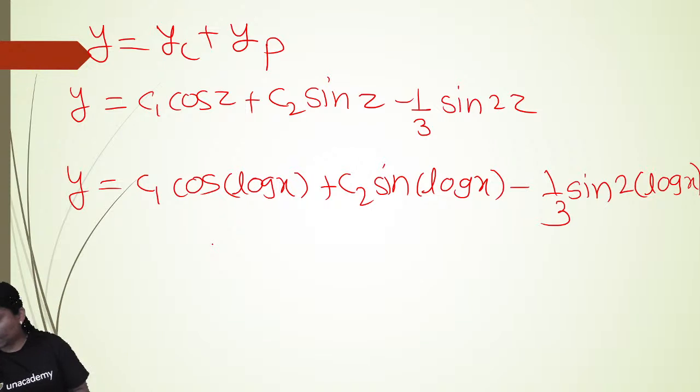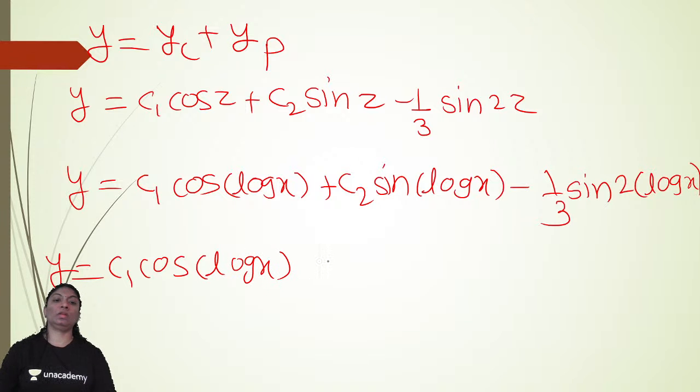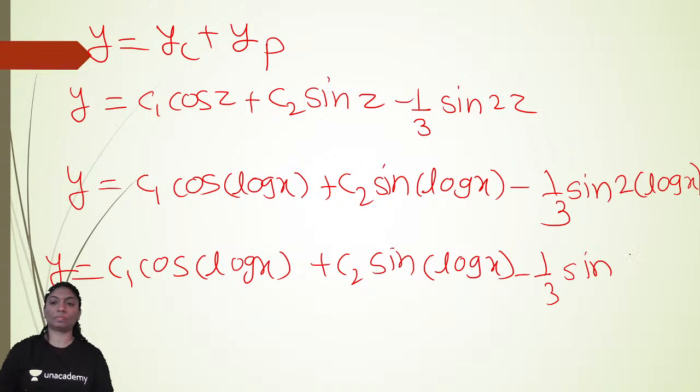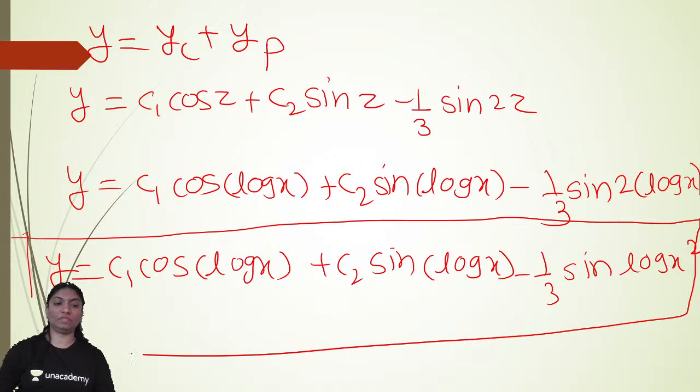Generally we can directly write y is equal to c1 cos log x plus c2 sin log x minus 1 by 3 into sin of 2 log x. This is your final answer for the given Cauchy's differential equation converted into linear differential equation with constant coefficient. Okay. Next.